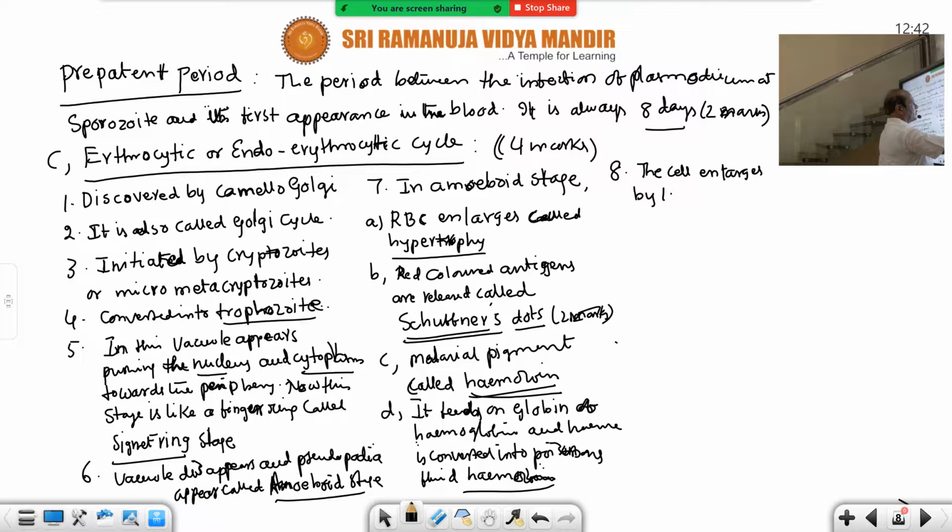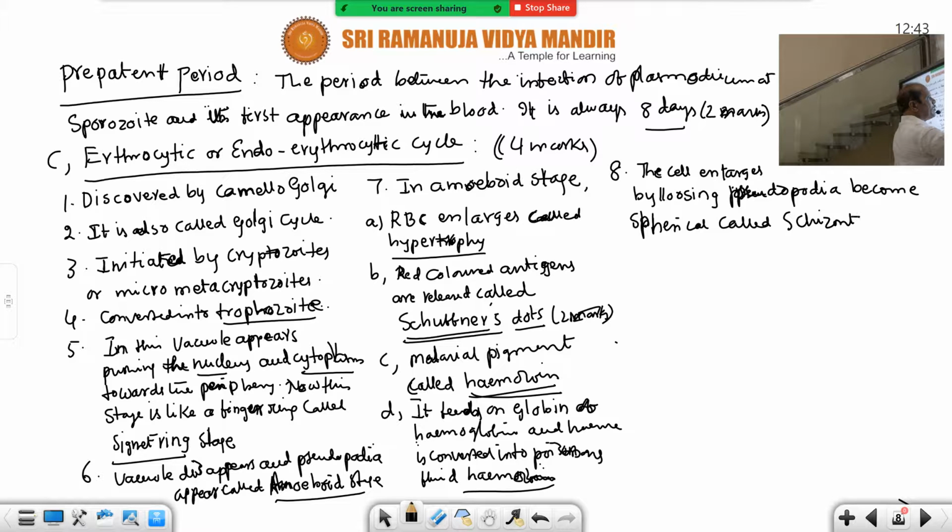The amoeboid stage becomes round, spherical, when the pseudopodia are lost. This stage is known as schizont.